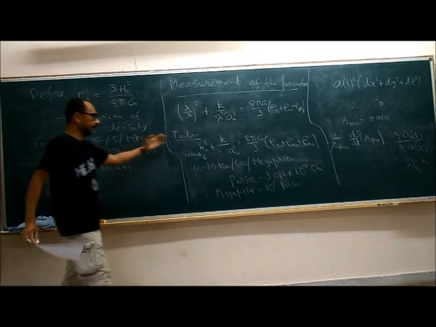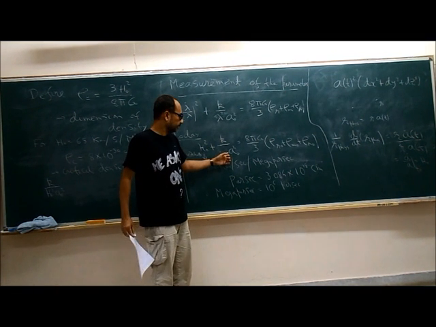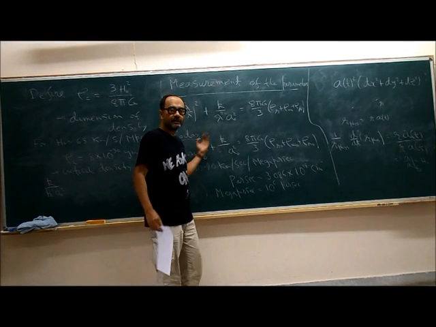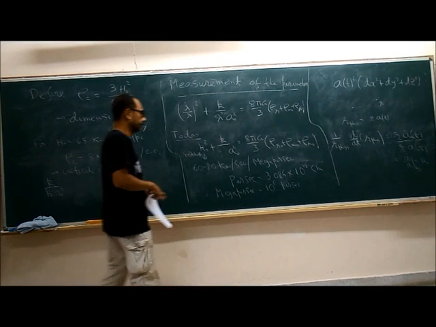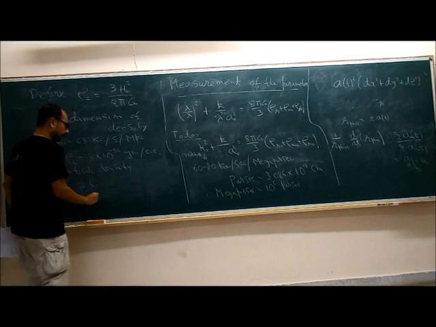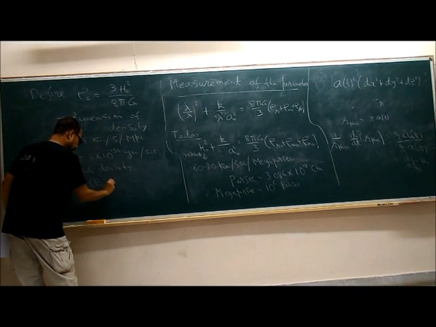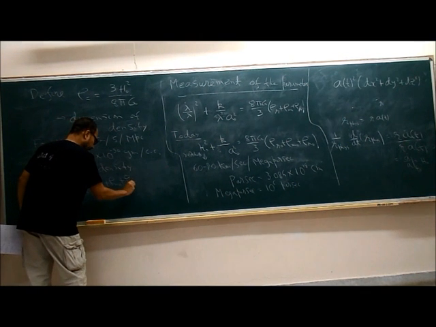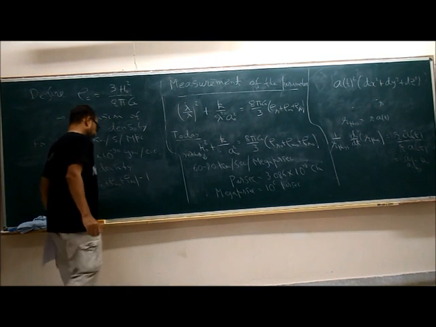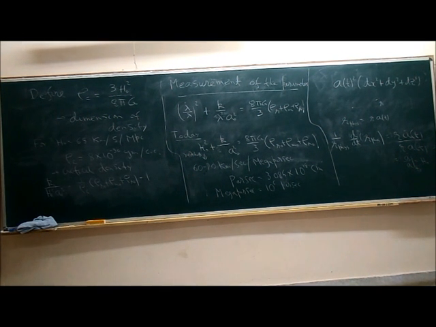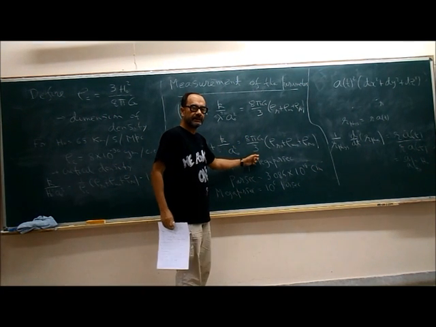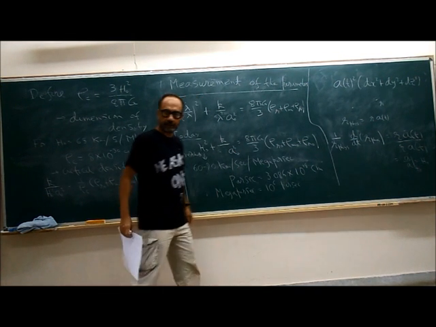I divide by h naught square, and then I take this one that appears on the right hand side. So this becomes 1 over rho c times rho r naught plus rho m naught plus rho lambda naught, minus 1. 3h naught square over 8 pi g is our rho c, so that comes in the denominator, and then I take this minus 1 on the other side.